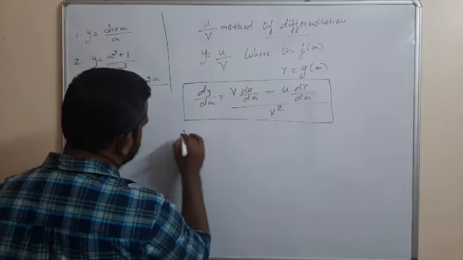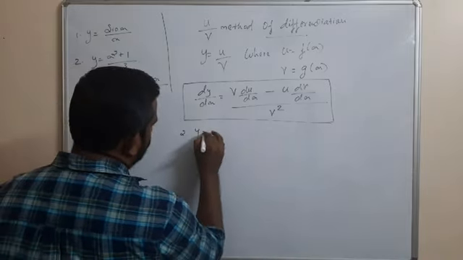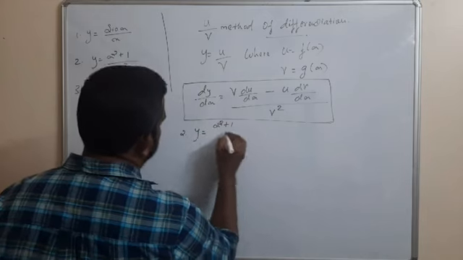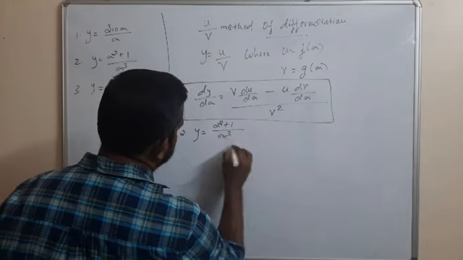Two, y is equal to x square plus 1 divided by x cube.